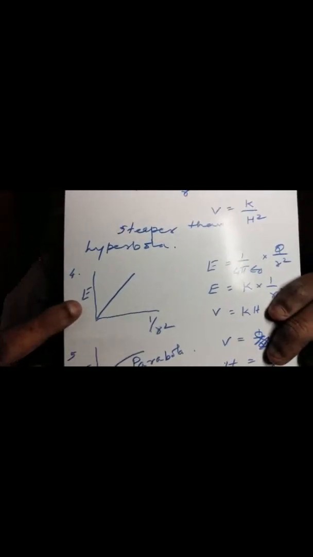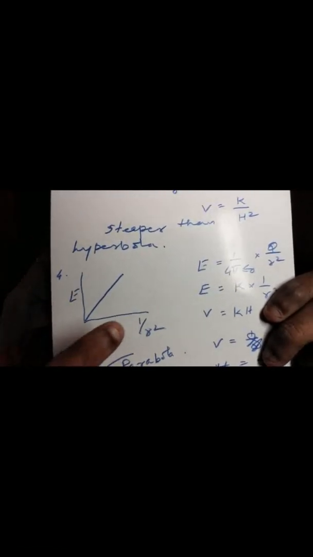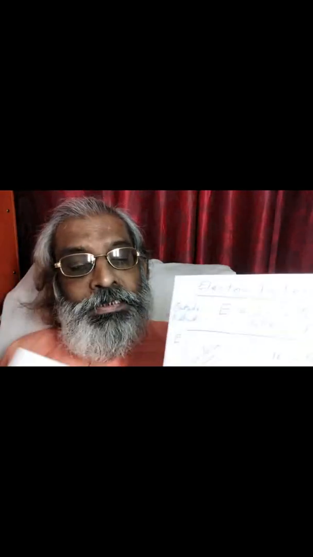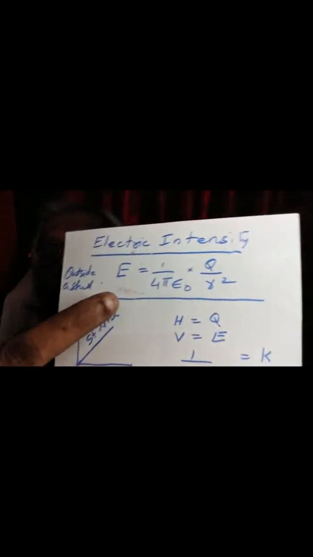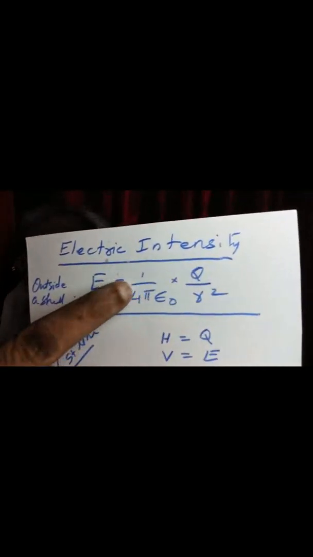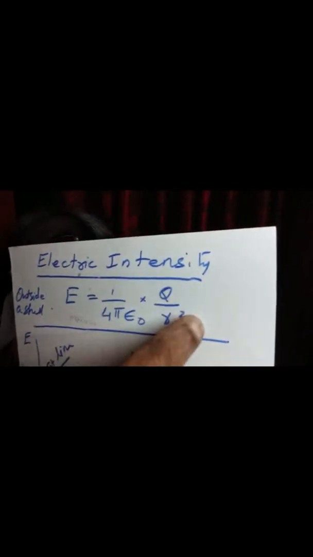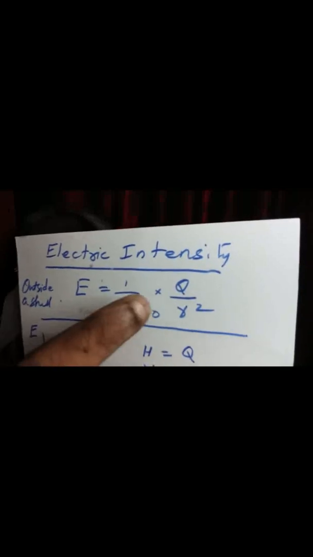Another case, you draw a graph between E and 1 by R square. 1 by R square, you put it as H. So here H is 1 by R square and V is E. So V equals K into 1 by R square. 1 by R square is H. That means V equals KH.